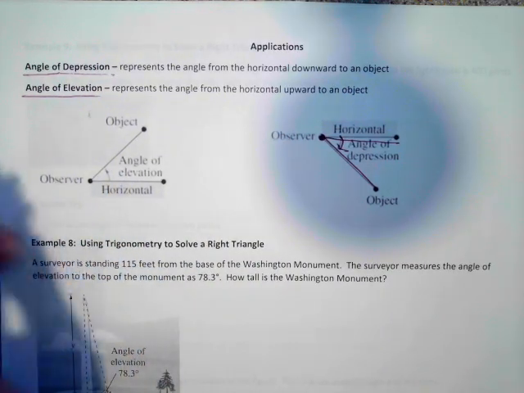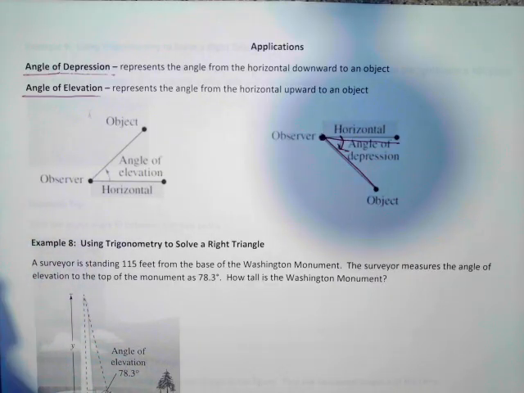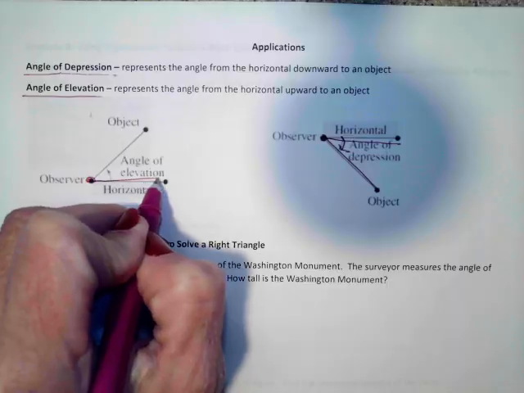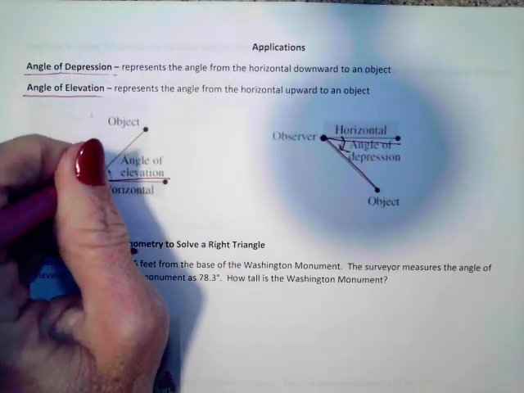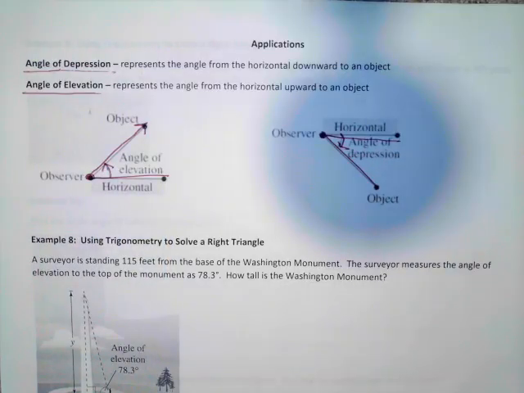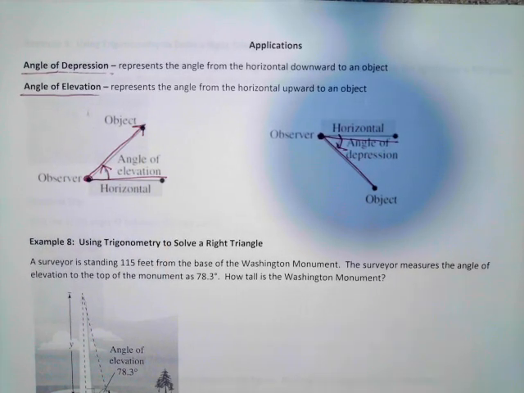It's the same with the angle of elevation. You're always going to draw that horizontal line first and a line up to the object. And that is the angle of elevation.